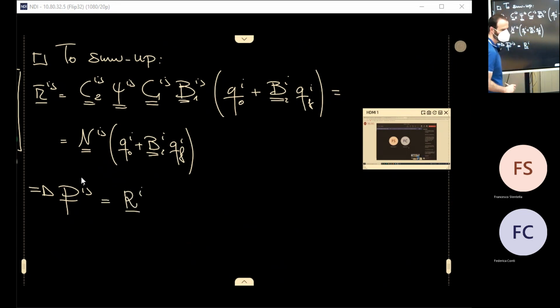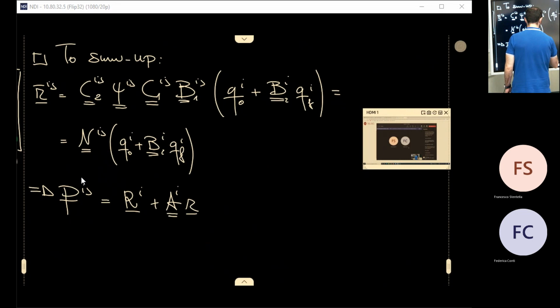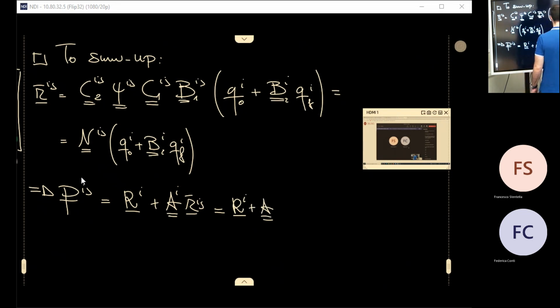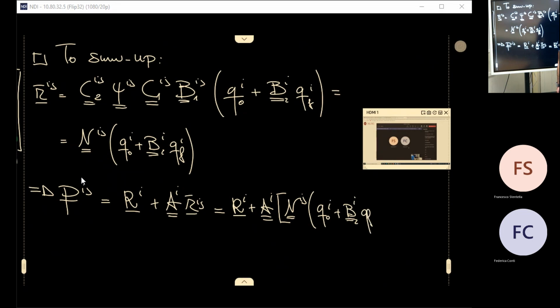Is Ri, the position of the origin of the body frame, plus the rotation matrix applied over Ri J, over bar. And therefore, again, there you go.